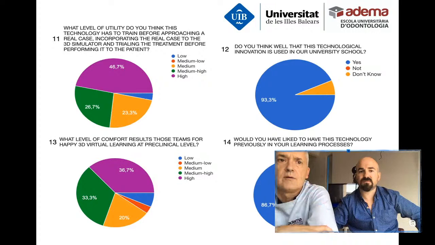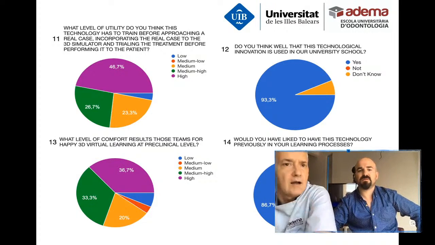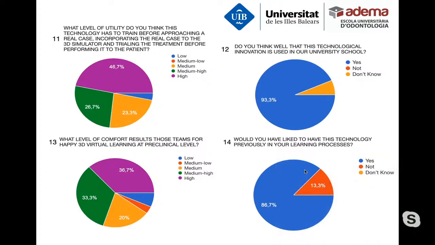Also, a very interesting answer for this question: what level of utility do you think this technology has to train before approaching a real case, incorporating the real case into the 3D simulator and treating the treatment before performing it on the patient? High, medium, but the answer is very, very high.